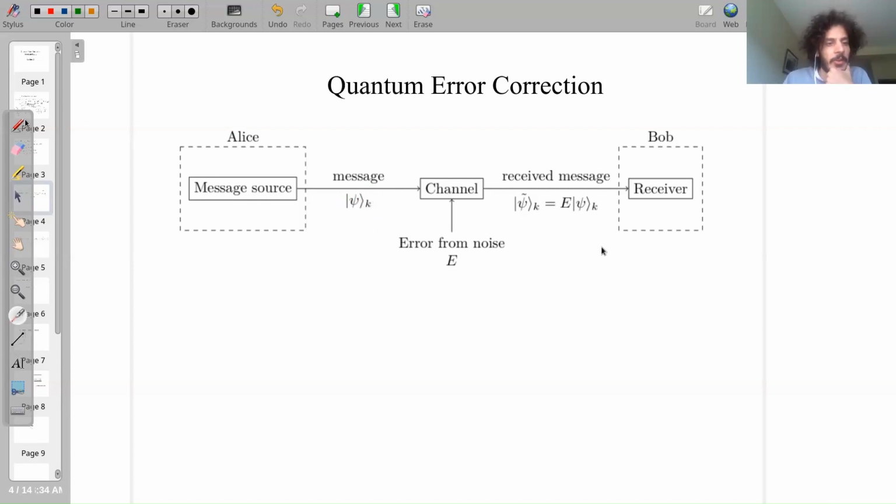So k refers to, okay, so I should say state of k qubits.